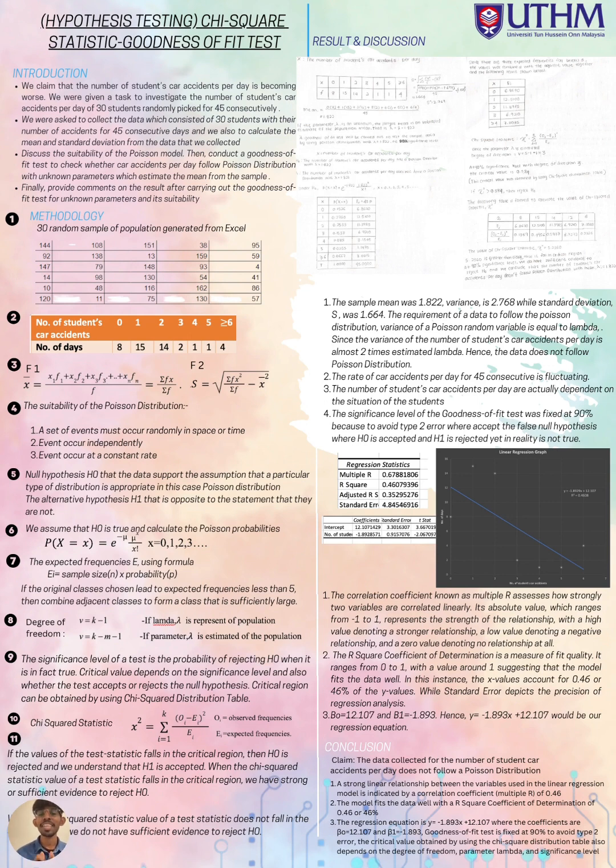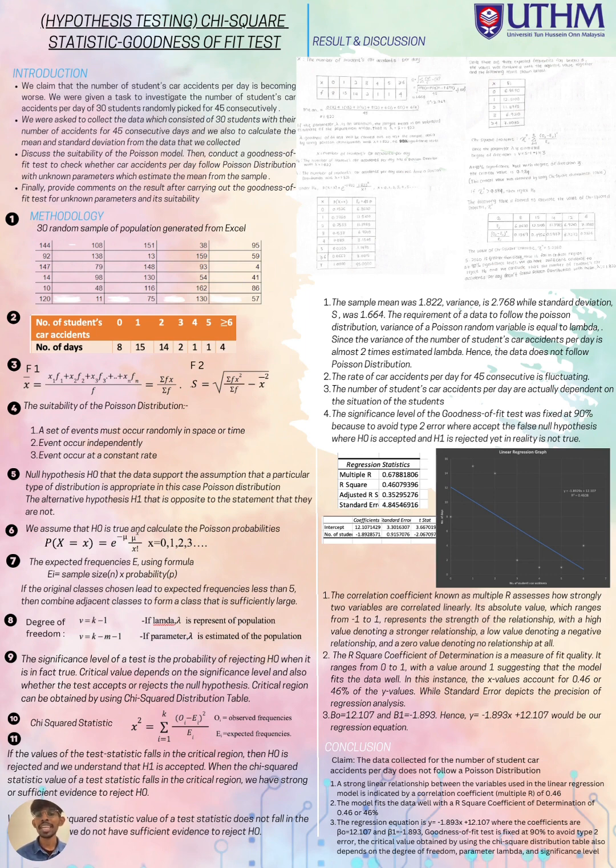Unless they don't provide it, then we use the formula x bar to calculate the estimated mean. Some sample statistic parameter lambda needs to be computed by estimating, as I said just now.